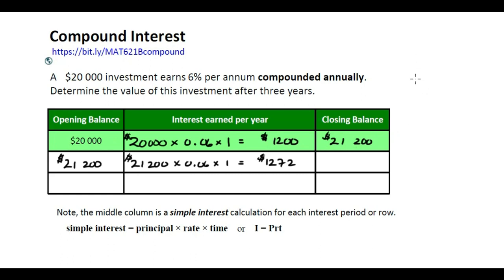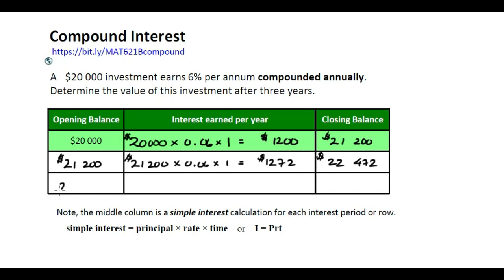So compound interest is quite often referred to as interest on top of interest. So now when I add $1,272 onto $21,200, we're now up to $22,472 and no cents. So we just carry this process forward 1 more year.